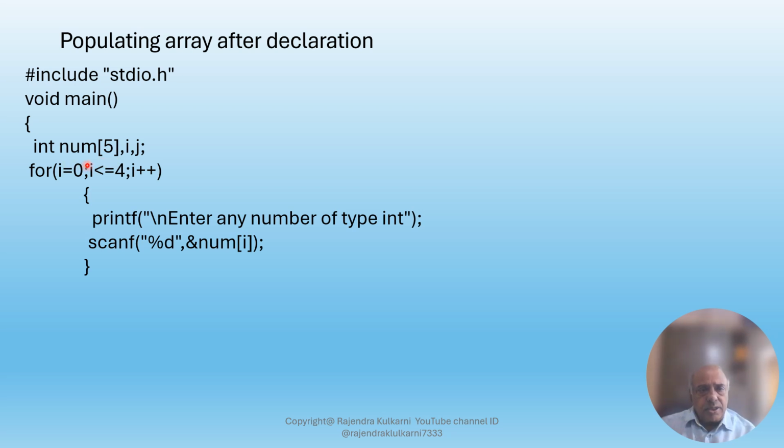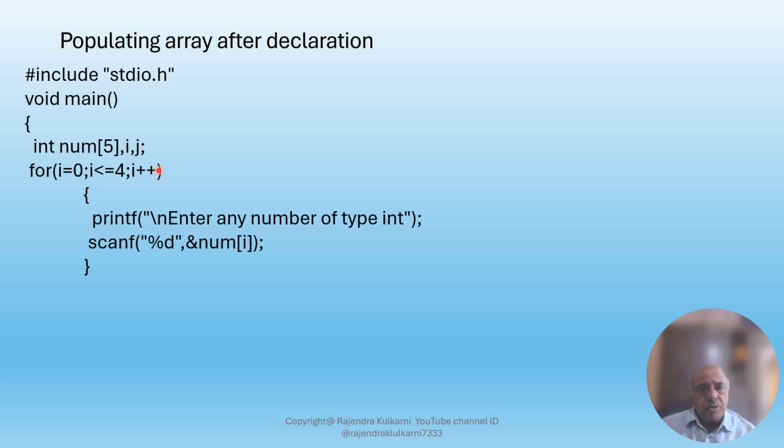Here we are declaring a num array, int num[5]. 5 is the dimension. Then i and j are the two variables declared.